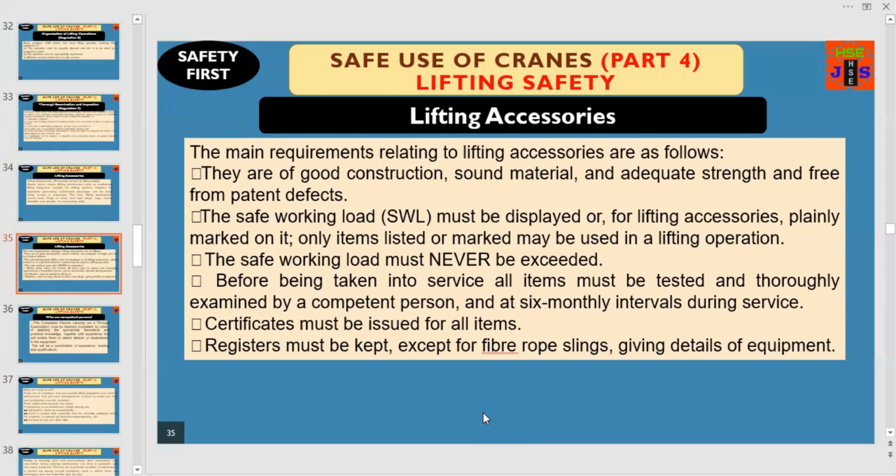The safe working load must never be exceeded. Before being taken into service, all items must be tested and thoroughly examined by a competent person, and at 6 monthly intervals during service. Certificates must be issued for all items, and registers must be kept, except for fiber rope slings, giving details of equipment.